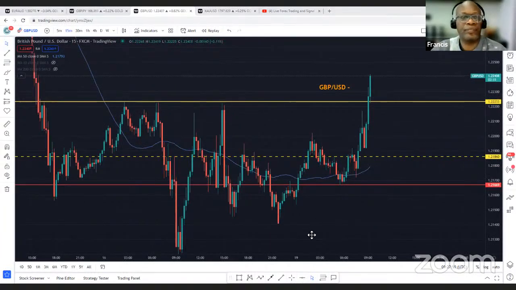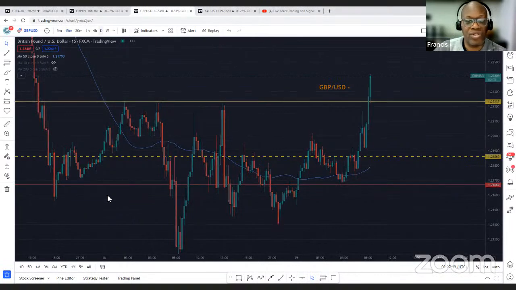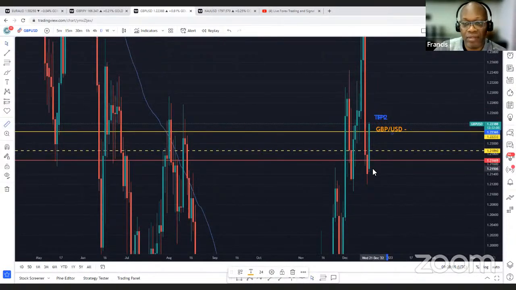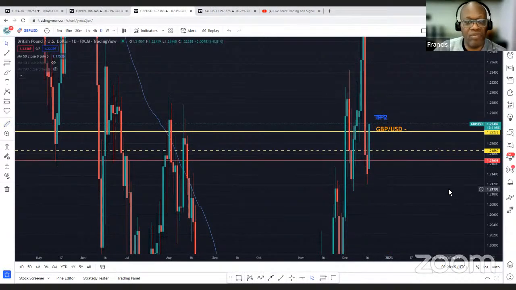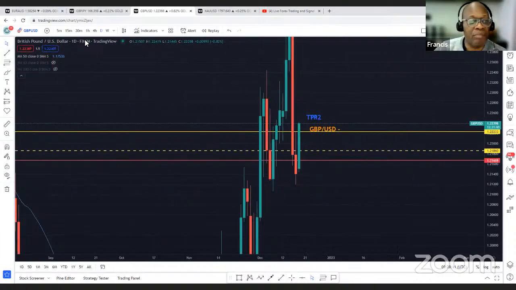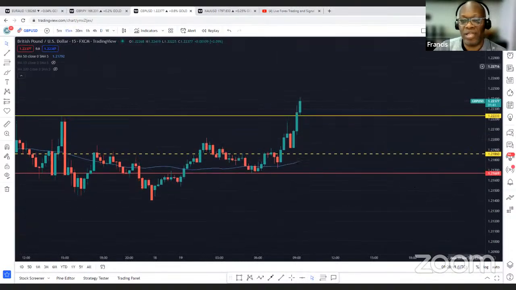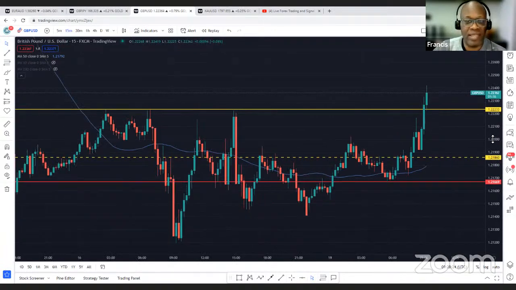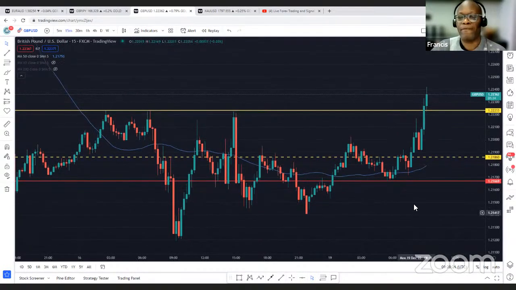Pound USD. Let's just check the daily time frame again. Oh, pound has moved powerfully today so far. Pound has moved about 100 pips already, but it doesn't mean it cannot move some more. It can continue going up or pull back. We just have to wait for the price to give us a sense of where it wants to go next.